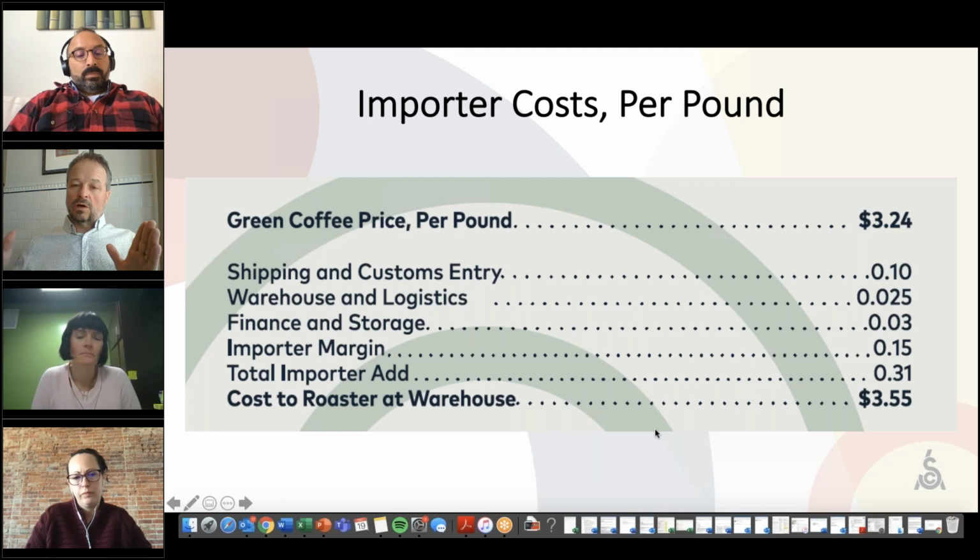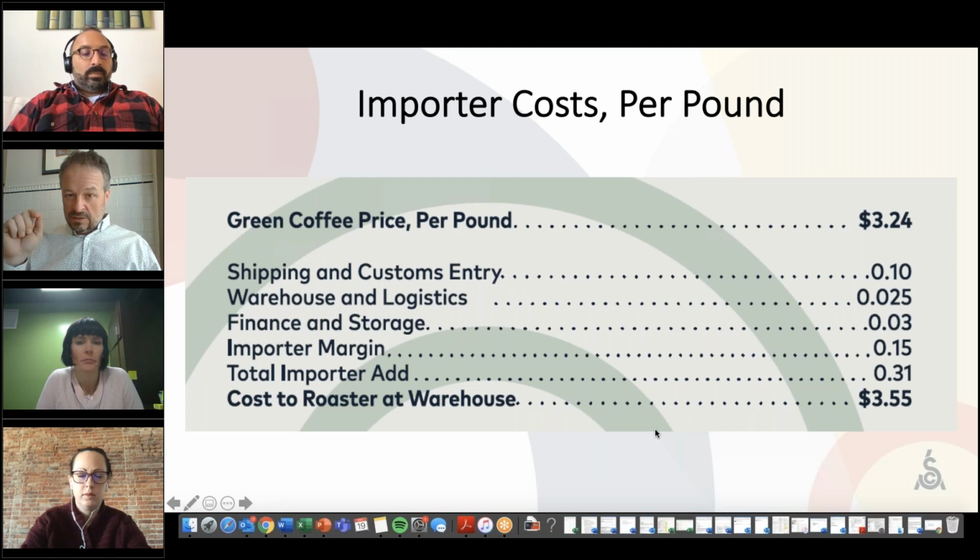And where the ownership and the liability for a coffee change is very, very important. So that means if that coffee comes all the way in and goes in the warehouse and then it transfers to you, now it's your liability. Once that coffee goes into your name, or goes on a truck that you've designated, or goes into a warehouse in your name, now you own it, and the insurance of that product is your responsibility.